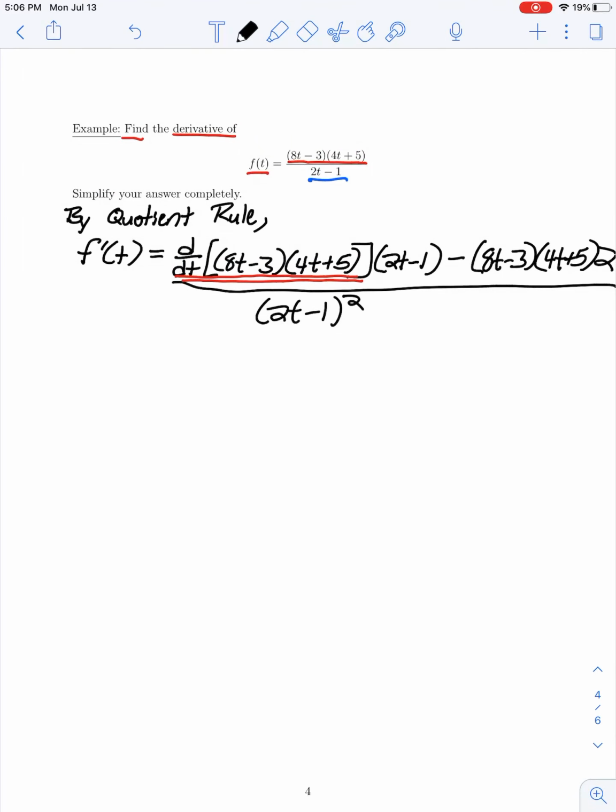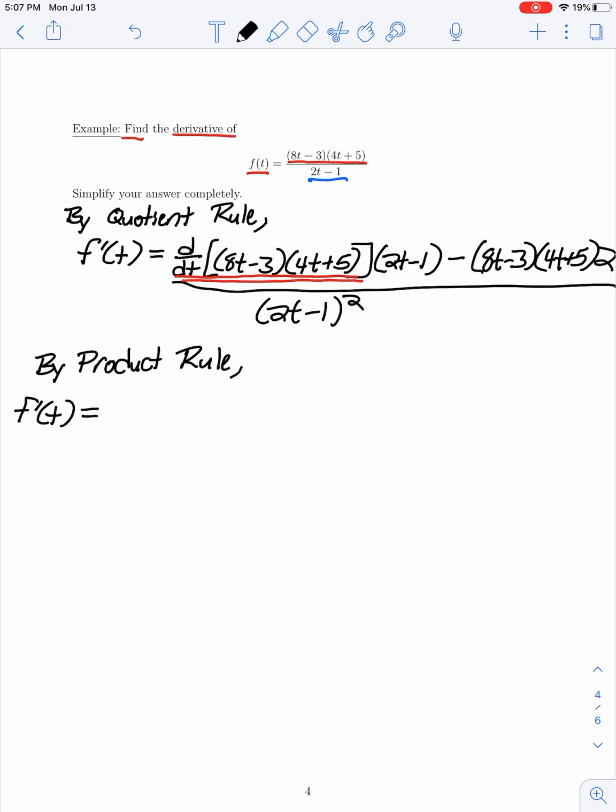So by the product rule, we have our derivative, f prime of t, is equal to, well, let's differentiate that product that we had through the numerator.